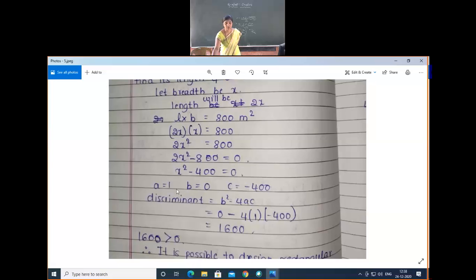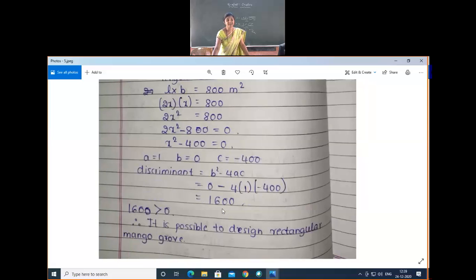Then a is 1, b is 0, c is minus 400. The x term is absent, the coefficient of x is 0, that's why b is 0 here. Now we have to find the discriminant. b square minus 4ac is 0 minus 4 into 1 into minus 400, that is plus 1600.